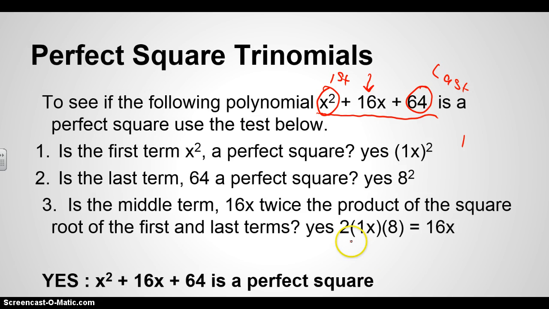When we say twice the product of the square roots of the first and the last term, that means 2 times the first term, which is 1x, times the last term, which is 8.